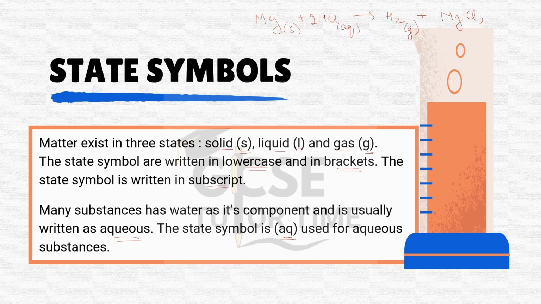Hydrogen is gas which is formed, and MgCl2 is aqueous in nature. So you can see I have used the state symbols, and they are written in brackets in the subscript, and all are in lowercase.